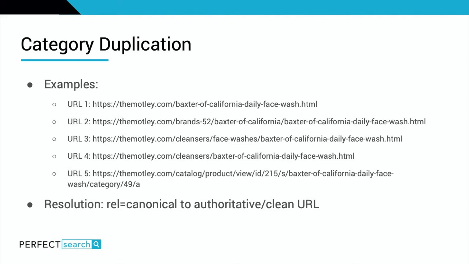As you can see in this example, looking at this Baxter of California daily face wash, there's a brands category, there's a cleansers, face washes category, there's cleansers. So there are all these different ways that duplicate content can be created. Making sure that you have the rel equals canonical tag pointing to the authoritative and clean URL will help avoid some of this duplication.